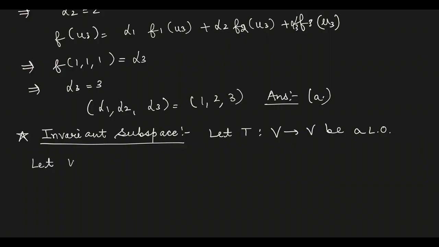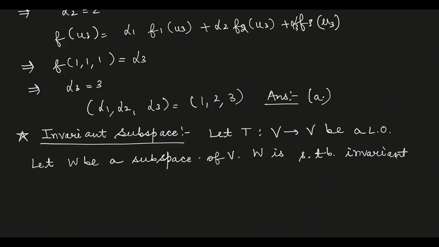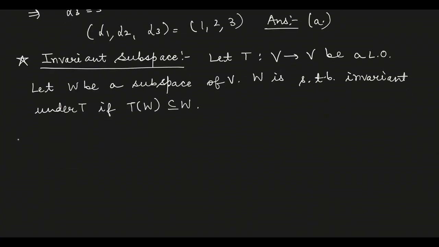Let W be a subspace of V. Then W is said to be invariant under T if TW is contained in W. For example, T is a mapping from V to V.